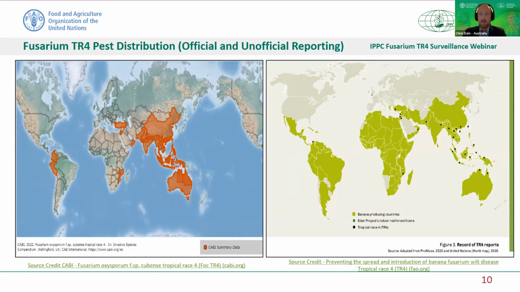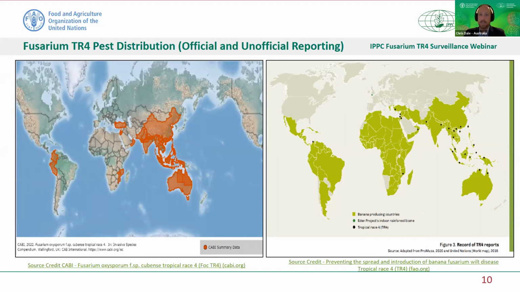But it's also important to recognise that there are unofficial reports that can sometimes or often contribute to pest range and pests being reported in your country without it actually coming through your NPPO. So in terms of being able to validate those processes, it's very important to recognise that there are both official and unofficial reporting and mapping and distribution representation.